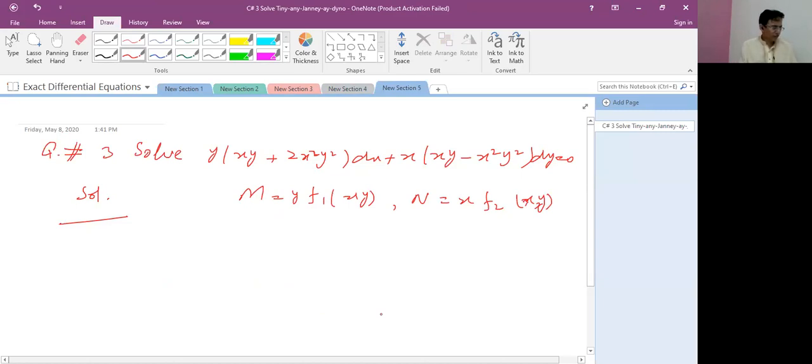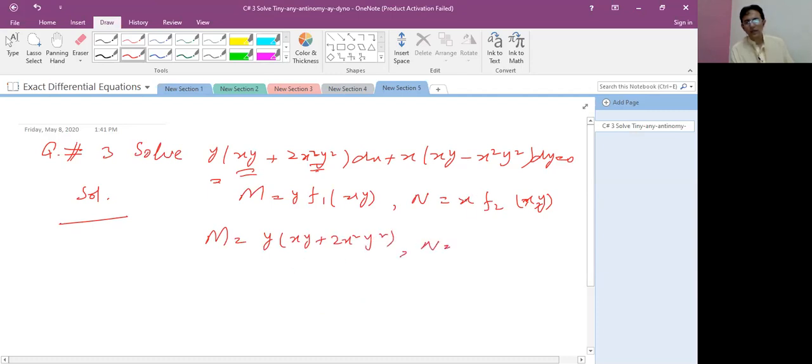So student, we will determine it. It means the whole function is xy multiplied by y. So this function is called m. And what is n? x and f of xy. It means both are functions of x, y.